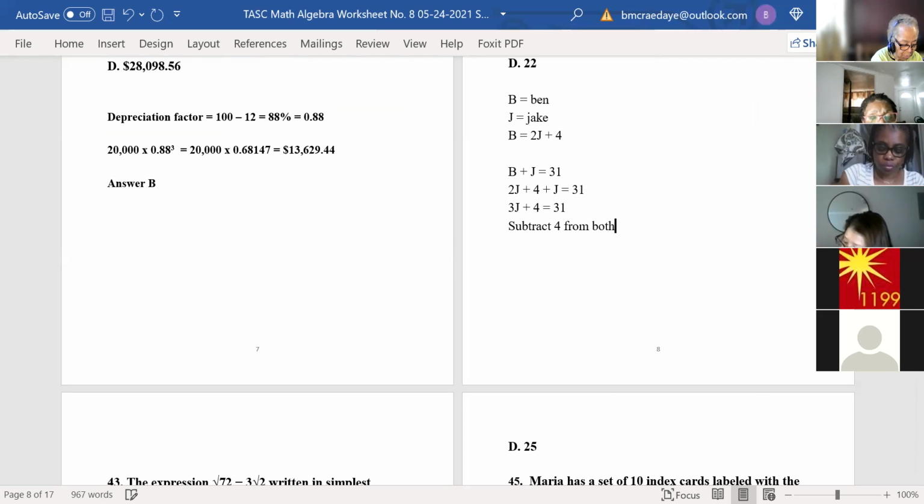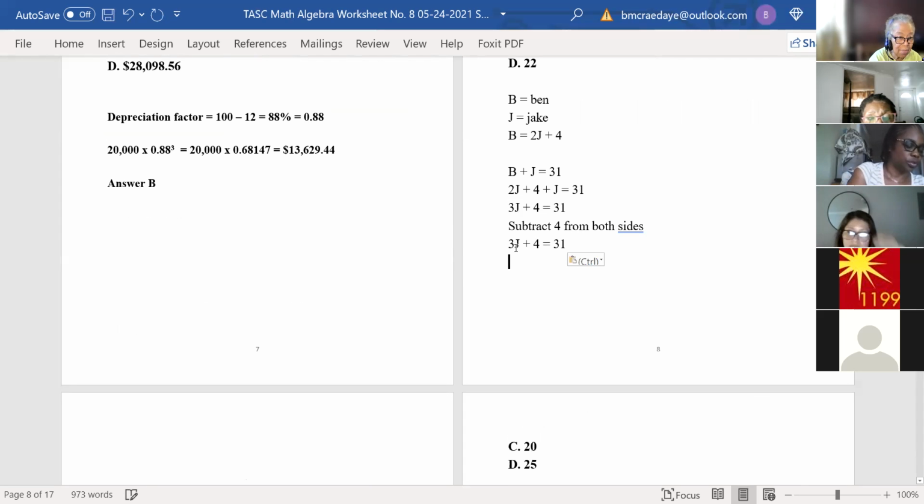Now let's just do that, and what do you get? 31 subtract 4. Subtract 4 from both sides, so you got minus 4 on the left, minus 4 on the right. And what do you get on the left? On the left, you have 3J remaining. 3J, okay.